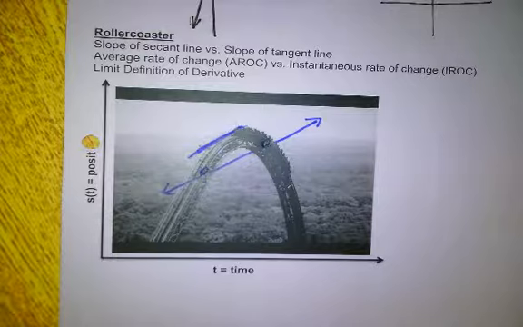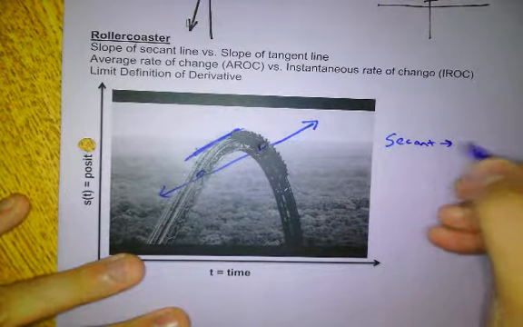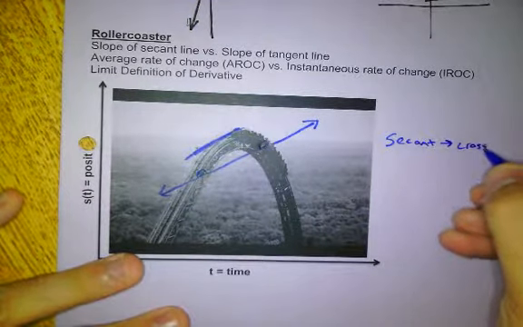What's like a secant of a circle? What's a secant of a circle? It's when it goes through the circle, right? At 2 different points. It's the same thing here. So when I say the word secant, it just crosses in 2 places.